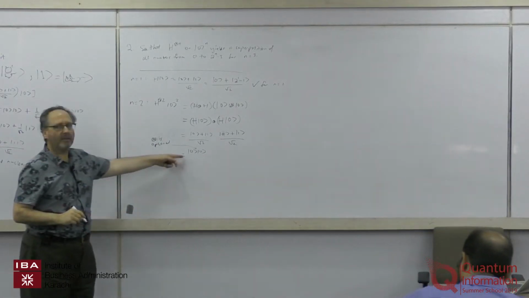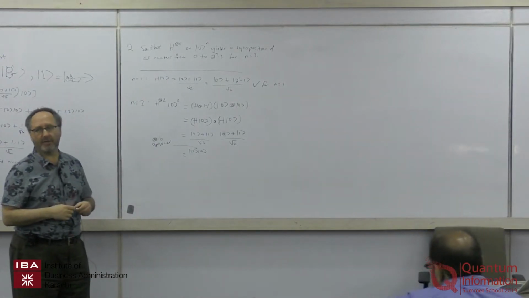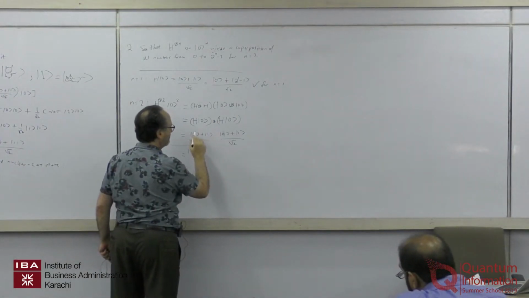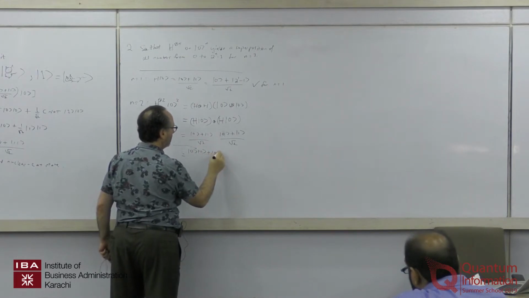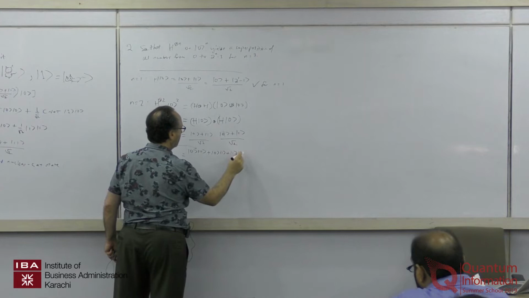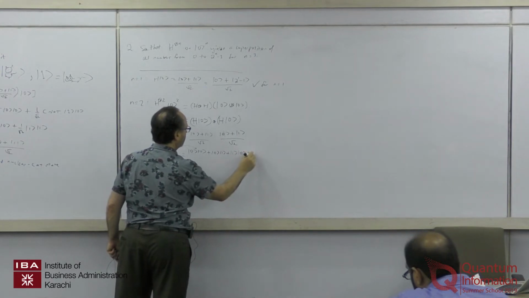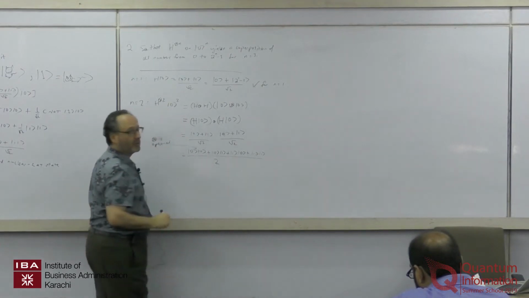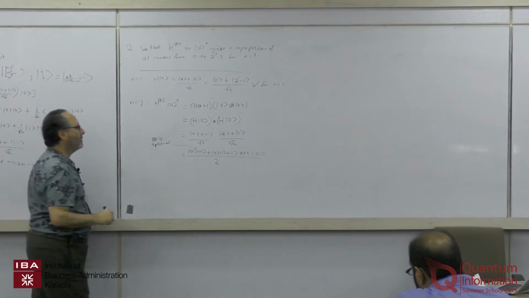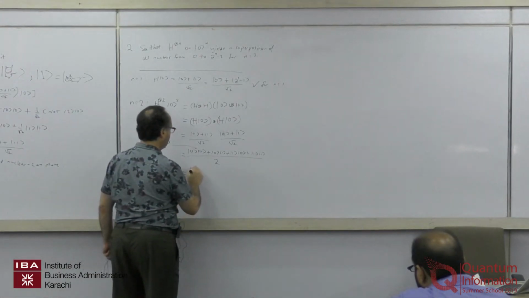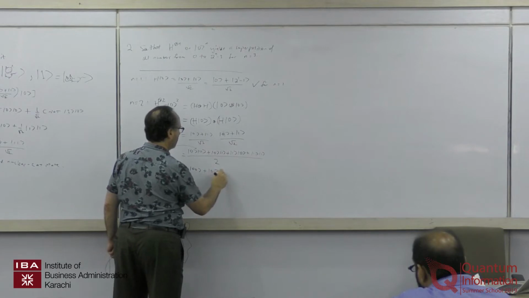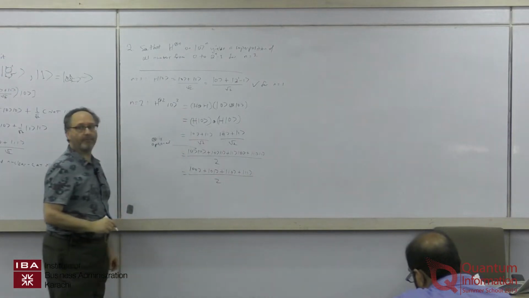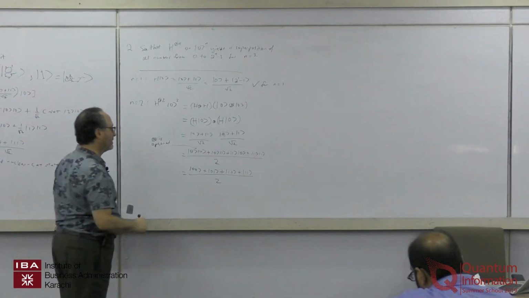So sometimes I write it, sometimes I don't. I don't if I think it's obvious. So this is 0, 0, right, the first term. Second term, 1, 0 plus 1, 1 over 2. And then that's equal to, I could just put it in one cat. So I get 0, 0 plus 0, 1 plus 1, 0 plus 1, 1 over 2. And then I just rewrite it in base 10.